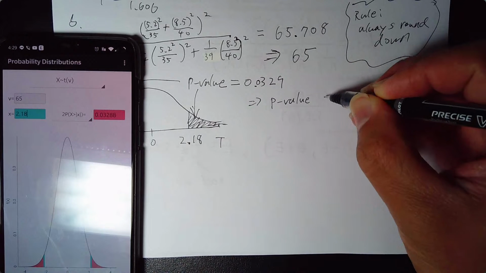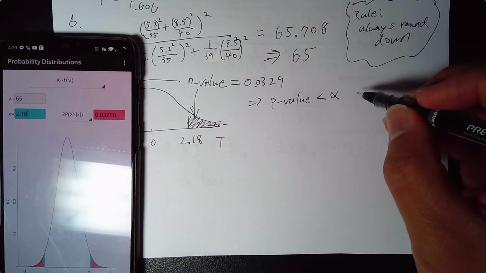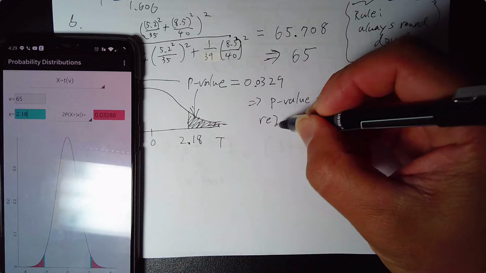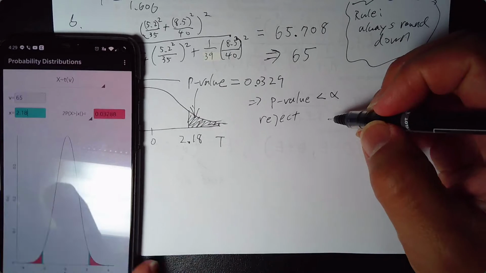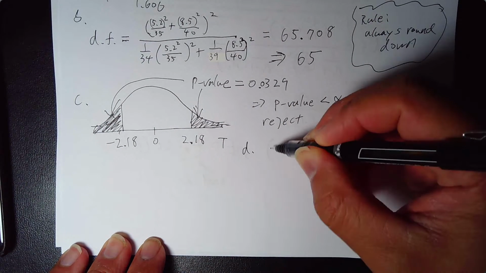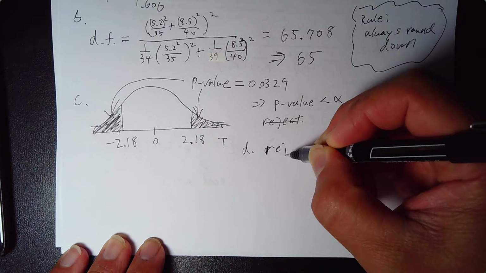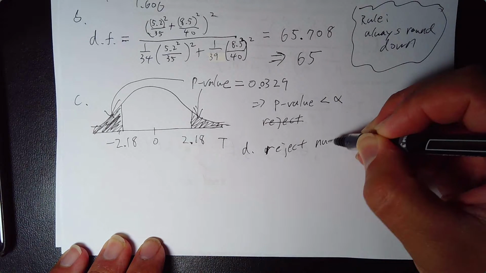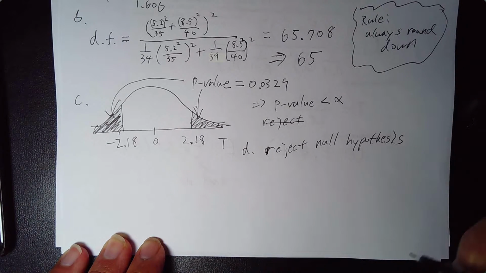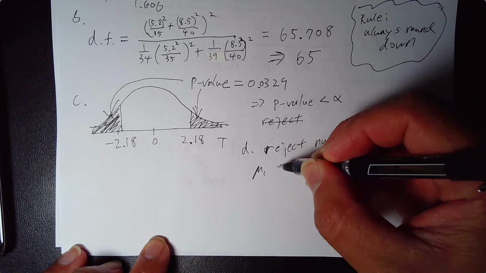My p-value is less than alpha, because my alpha is 0.05. Therefore, I reject the null hypothesis. This is part D. So indeed we can say that mu1 is different.